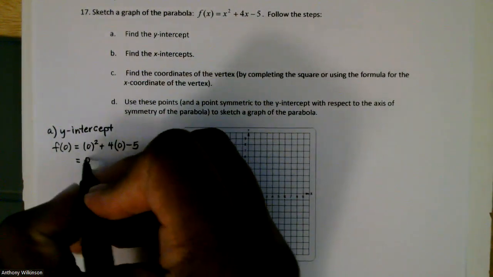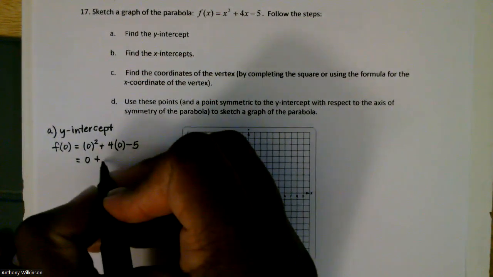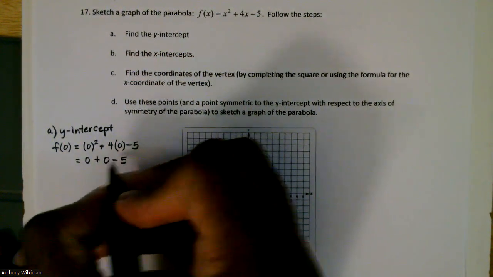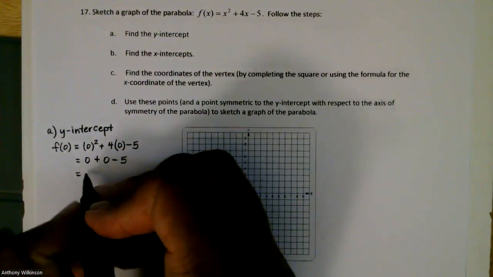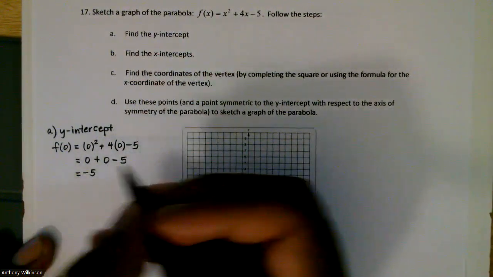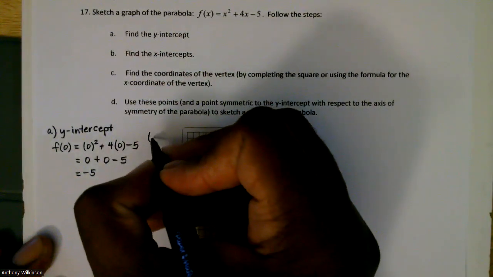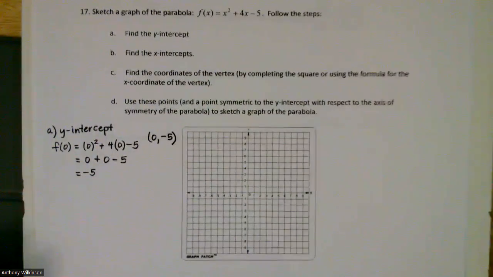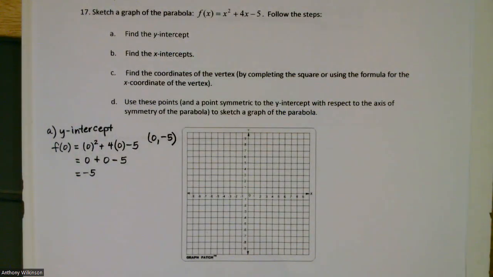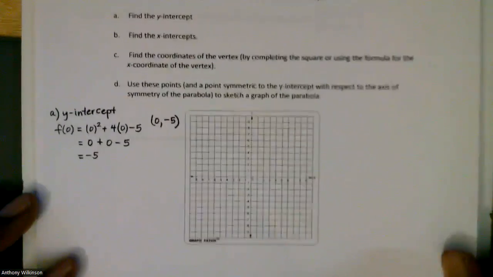So 0 squared is 0, plus 4 times 0 is 0, and then minus 5. Now 0 plus 0 is 0. 0 minus 5 is negative 5. So the y-intercept is the ordered pair 0, negative 5. So that's part A.